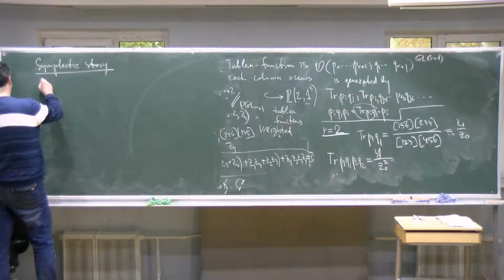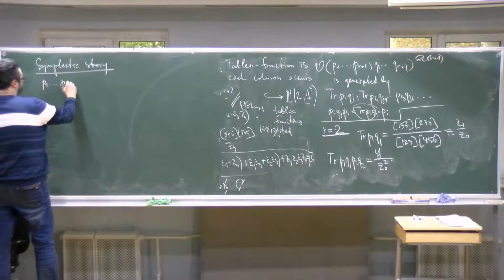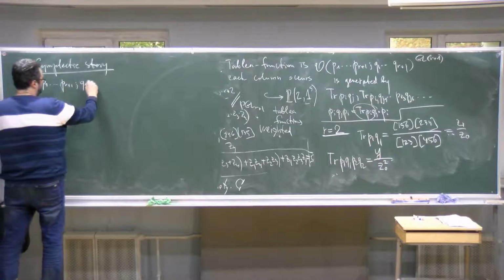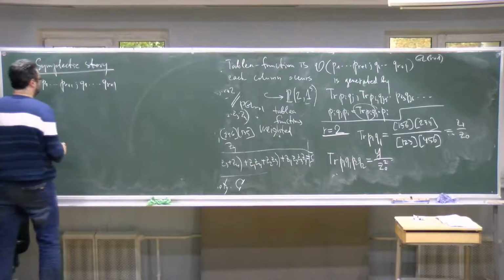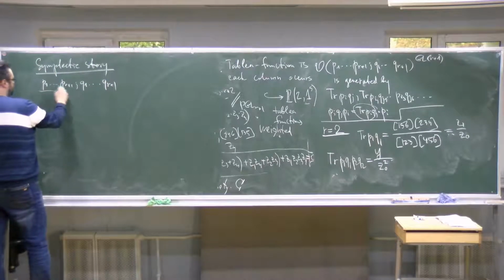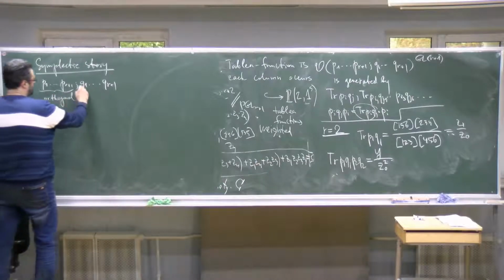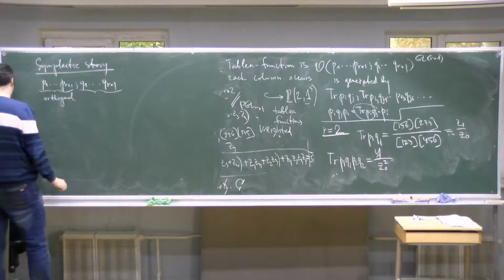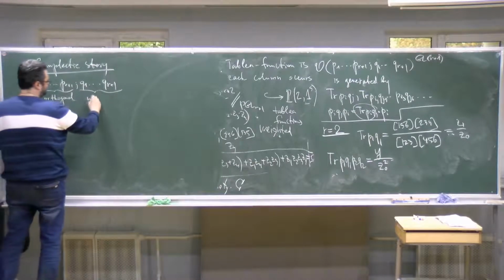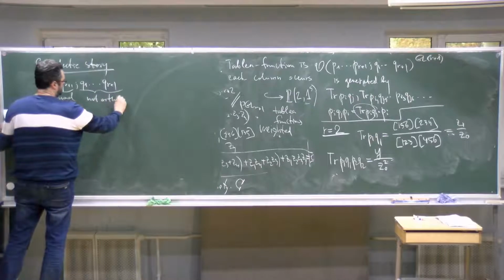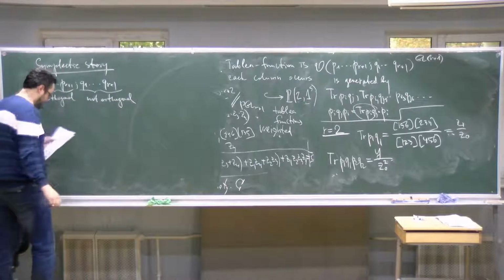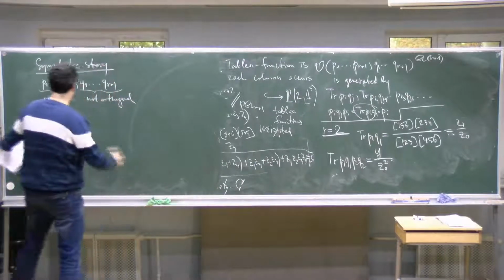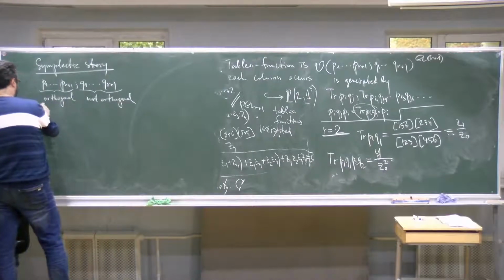Consider, as earlier, two systems of projectors, and assume that this is orthogonal, but this we do not assume orthogonal. Assume that these projectors we fixed Pi.